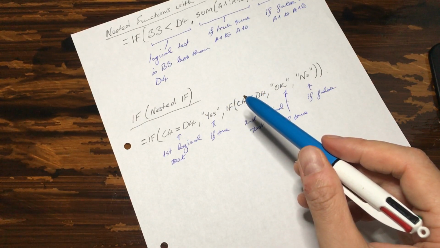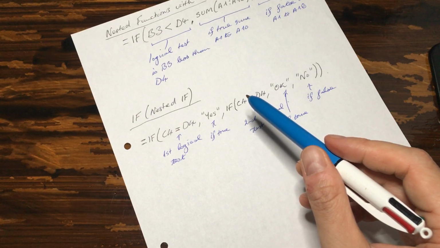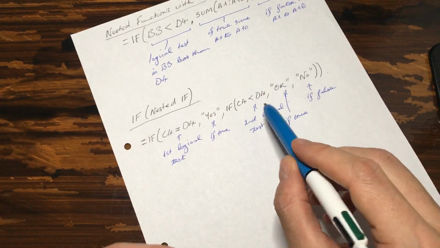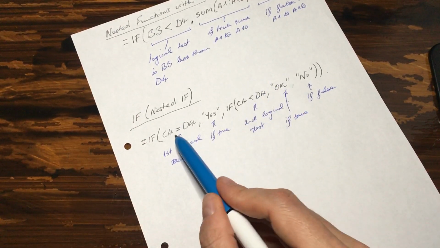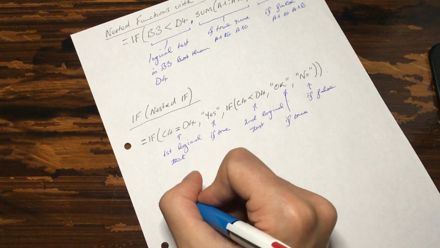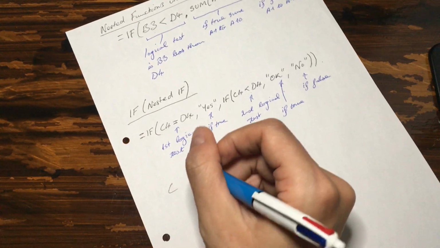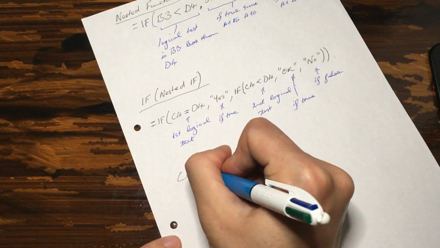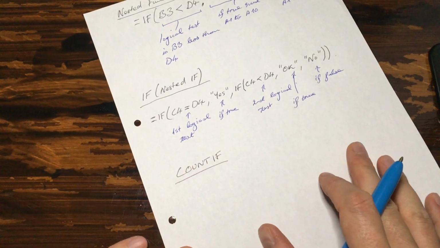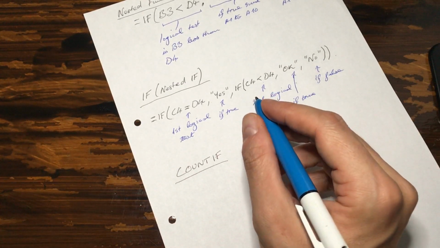Okay, so what we will need to do is just have a look at how that one works. So it works a little bit differently from the way we have this logical statement here. So we're going to write COUNTIF, and we'll just write what it does.